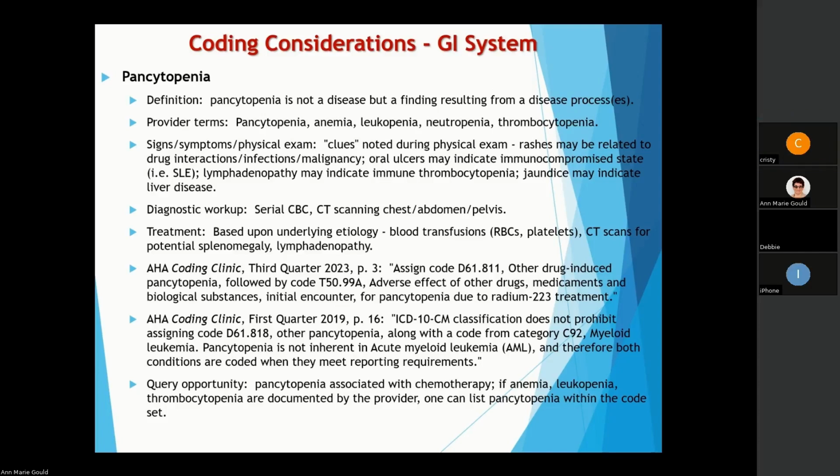Now, if you need to possibly query for it, because I did have a case where the H&H met and the platelets met, the WBC was just slightly above the low normal, so it wasn't real obvious. I went to do a query only because the attending had not documented it, and HEMONC was kind of implying but not saying it.